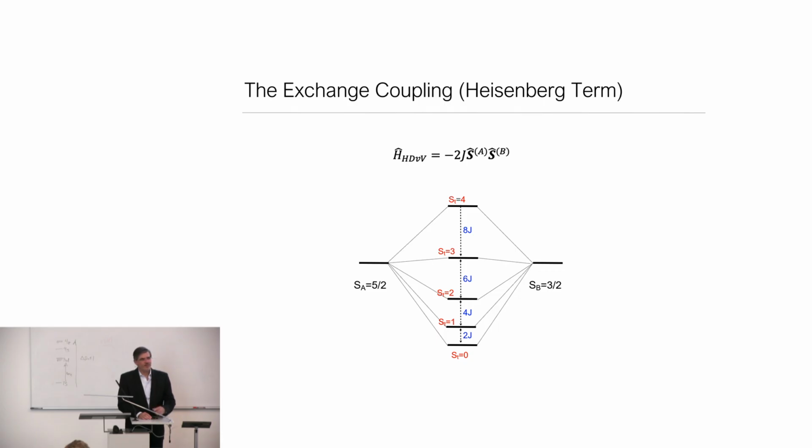Now the consequence of that antisymmetry is that in the expressions for the energy of a many-electron system, there appear these terms that are exchange terms, and they're not intuitively graspable, but they're not a separate interaction.